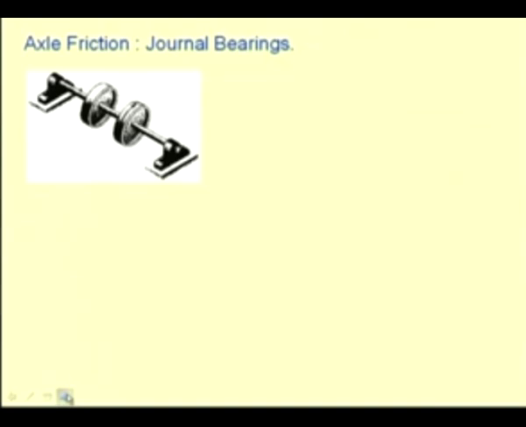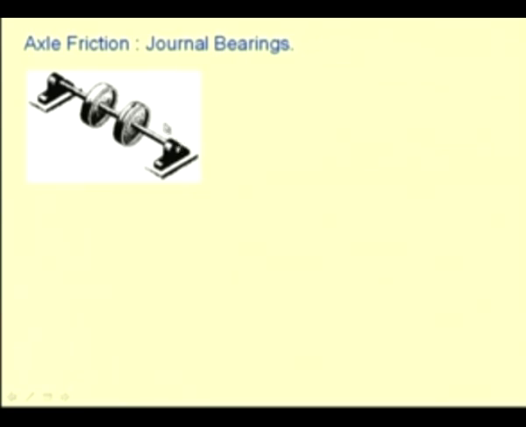So, in this picture you see an axle supporting say pulleys which are driven or driving some machineries. So, this is the way commonly these pulleys are supported. So, these are the axles, and the axles rotate about this axis, which has to be supported by the end bearings.